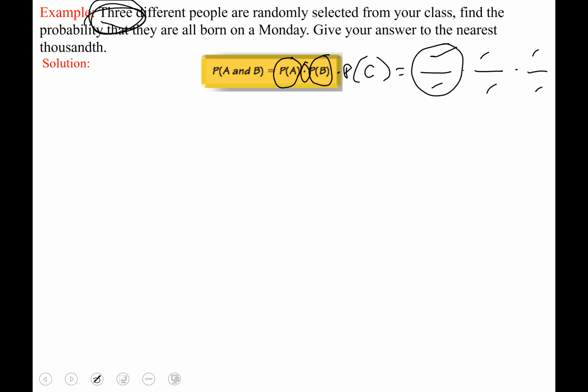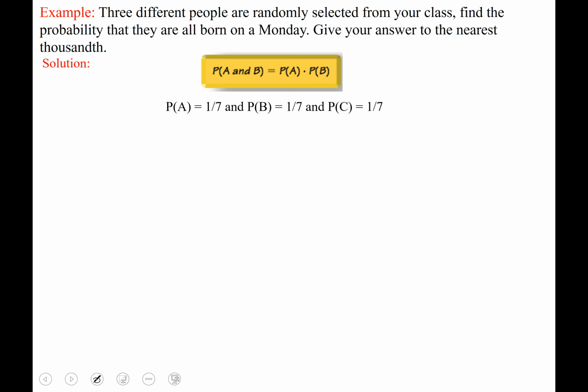Well, there are 7 days in the week, so that's 1 out of 7. You go to the next person, same thing. You ask them what day of the week they're born on, there's a 1 in 7 chance they're going to say Monday. You go to the third person and ask them what day of the week they were born on, there's a 1 in 7 chance they're going to say Monday.